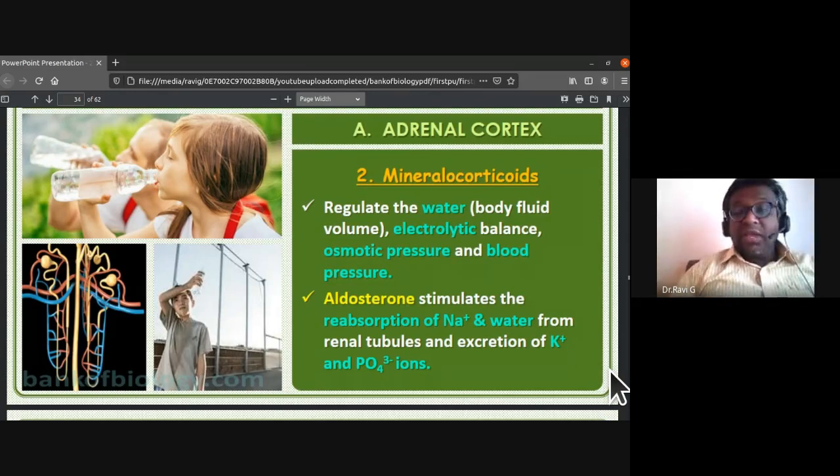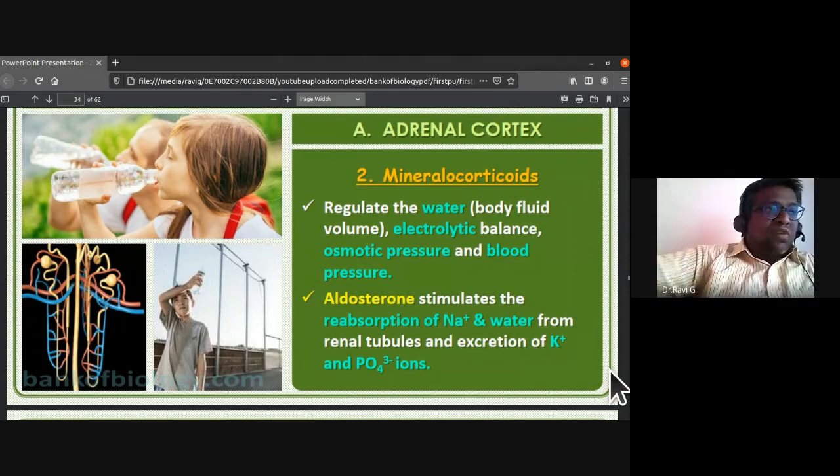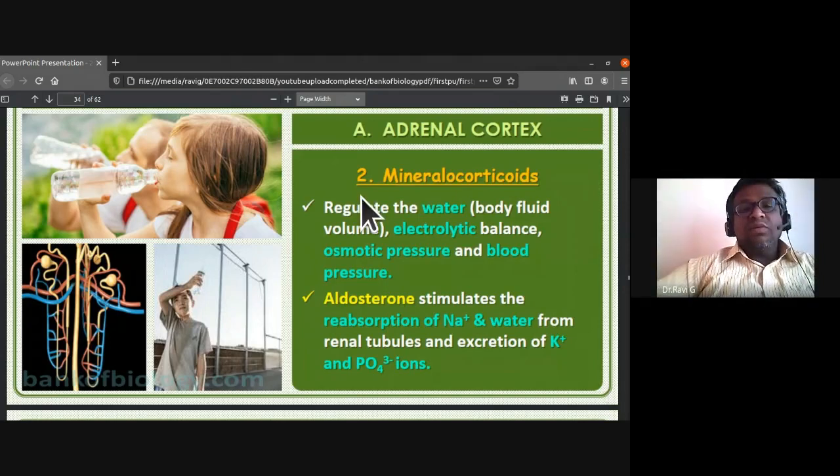That is a major role of aldosterone. Along with antidiuretic hormone, aldosterone plays an important role in reabsorption of water. The reabsorption of sodium ion is also brought about by aldosterone, and it promotes the secretion of phosphate ions and potassium ions.